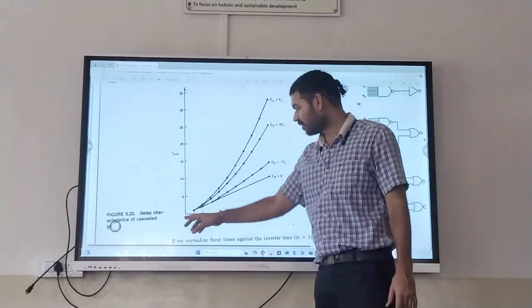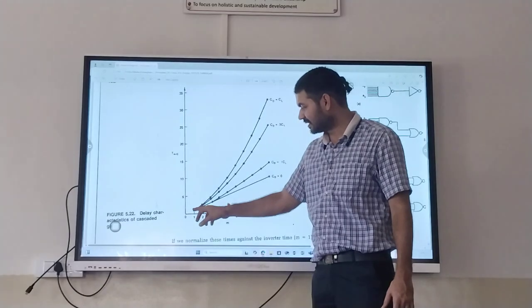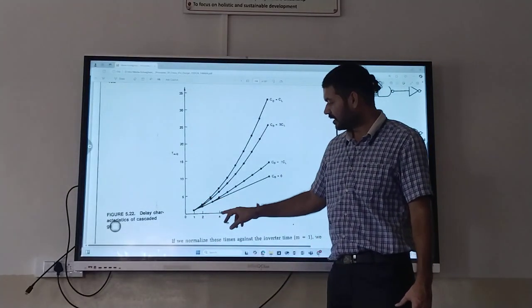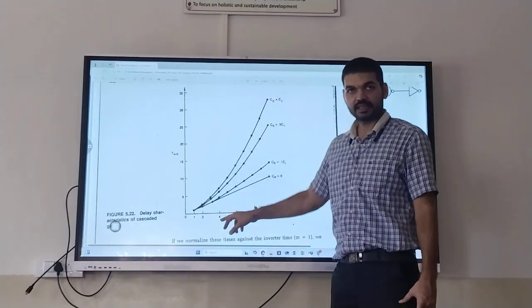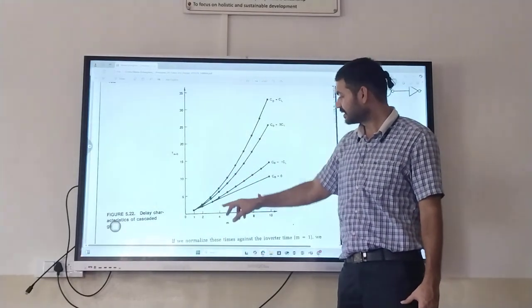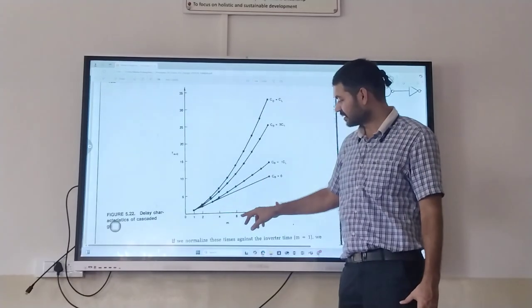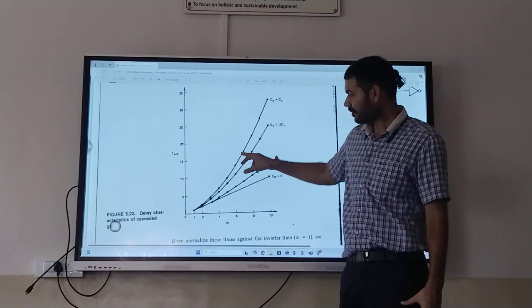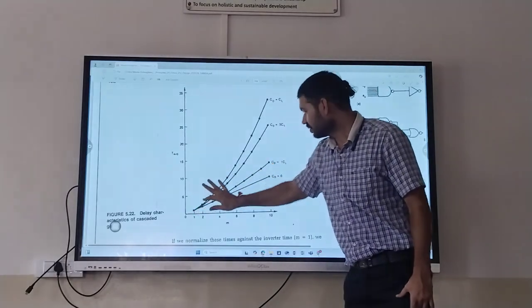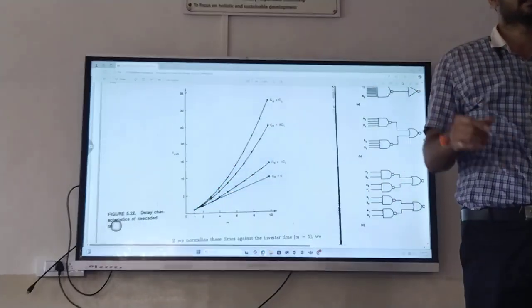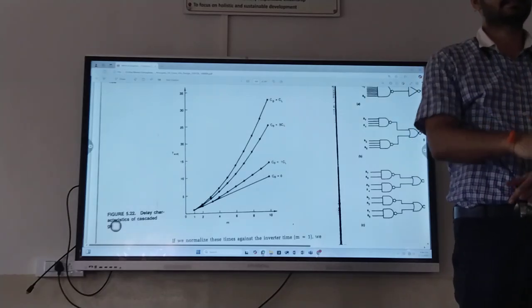If I have one gate cascaded, this is the delay. If I have two gates cascaded, this is the delay. If I have three gates or three MOSFETs cascaded, this is the delay. Six MOSFETs cascaded, this is the delay. So the delay goes on increasing when I go on cascading the MOSFETs or gates.